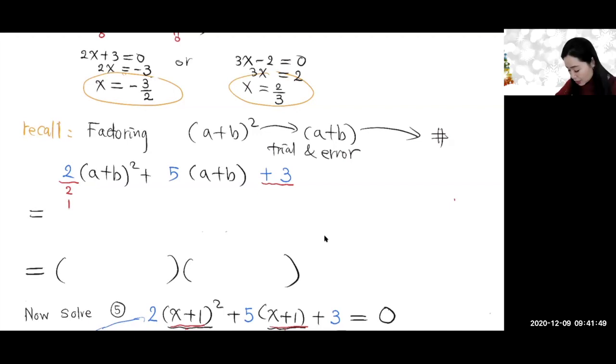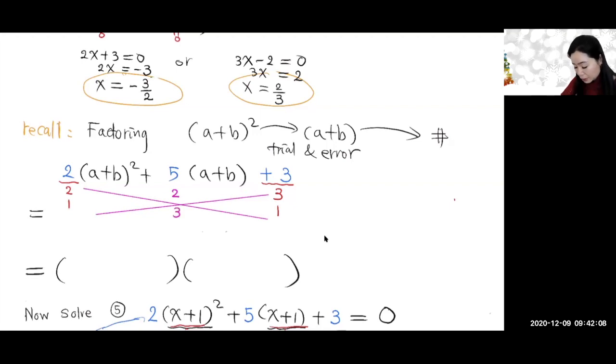So we try 3 times 1, okay? Now notice that this 2 multiplies 2, this multiplies over here, it is 3. So they sum to this 5 over here, right? Okay, so that's the right try, okay?